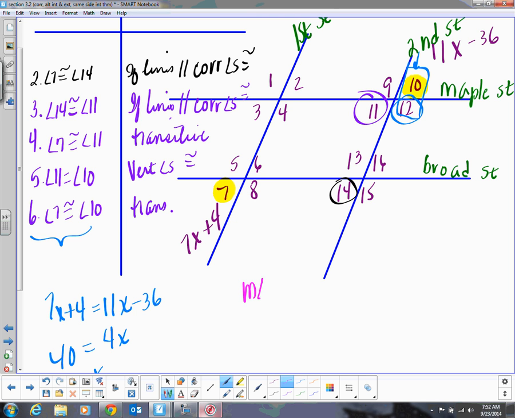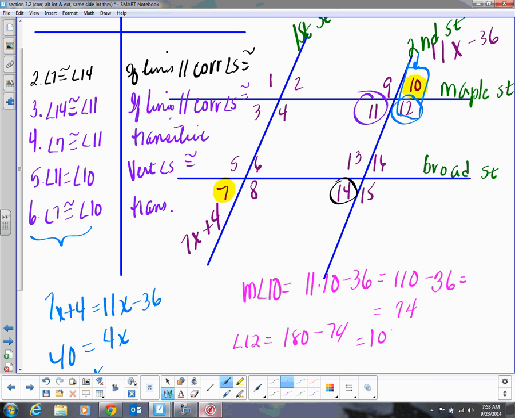So if I find the measure of angle 10, which is going to be 11 times 10 minus 36, which is 110 minus 36, which is going to be 74, I believe. From there, we're going to say angle 12 is going to equal 180 minus 74. And when we do 180 minus 74, we're going to get 106.